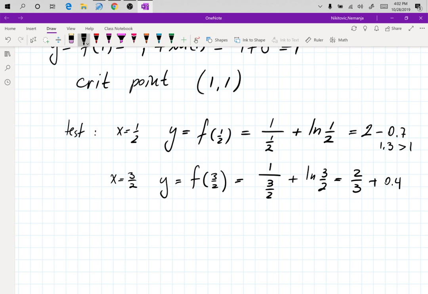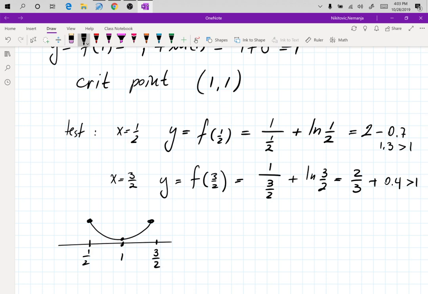And 0.4 plus 2/3, 2/3 is 0.6666, so this is also going to be bigger than 1. So both of these values that we found are bigger than 1, and 1 is in between. So this is the point at x equals 1/2, this is the point at 1, and this is the point at 3/2. So we clearly see it's a minimum.